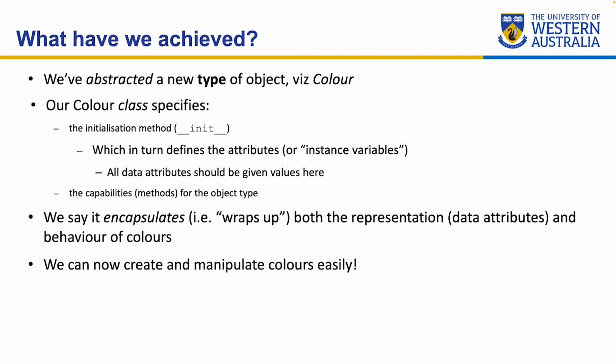And also the capabilities for the object type, such as being able to print it, as well as adding customized methods like lightness. Okay. So in this context, we say it encapsulates both the representation and behavior of colors. Okay. So now we can create and manipulate colors more easily.